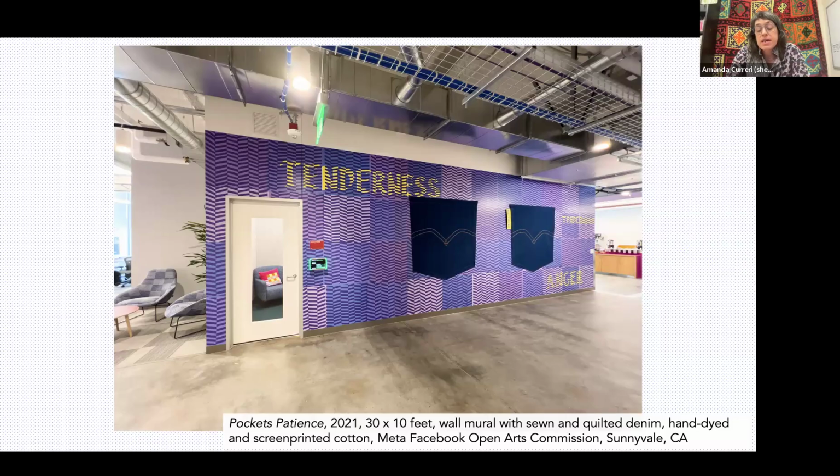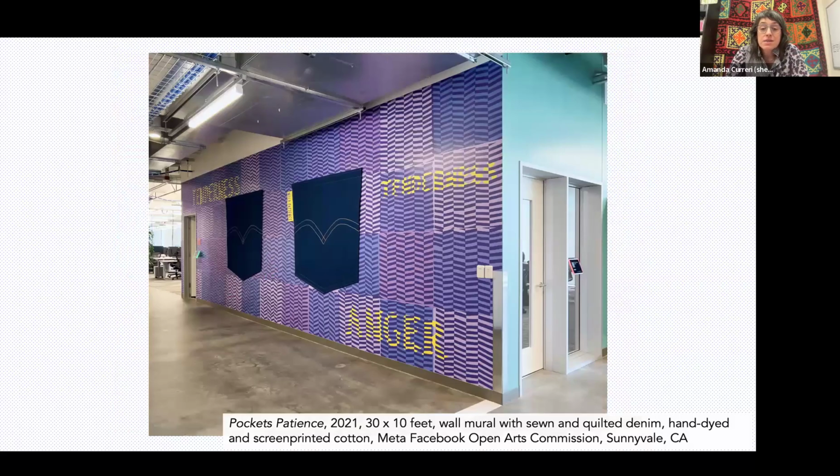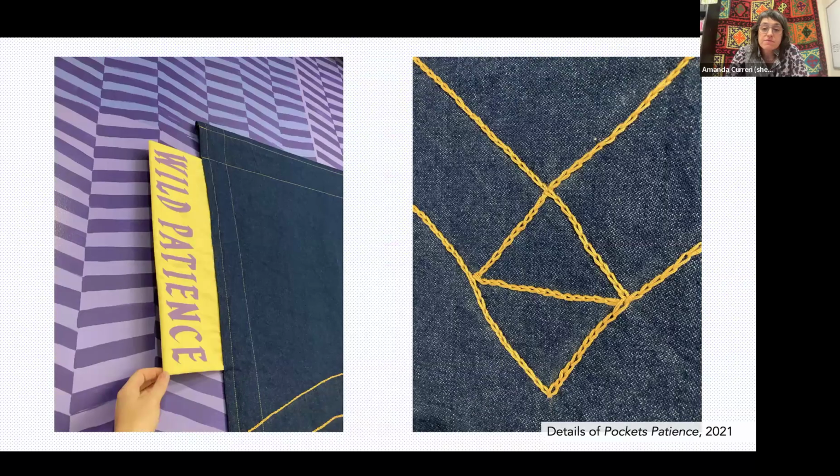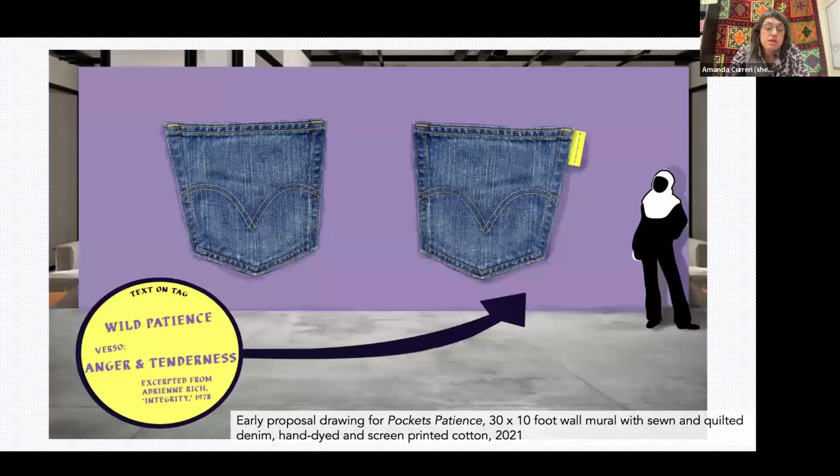So this one's called Pockets Patience, and it's 10 feet tall, 30 feet wide, with a painted wall mural with sewn and quilted denim, hand-dyed, screen-printed cotton. The language says tenderness and anger, and those are just big ass pockets that I made out of jeans, wild patience, hand sewing, sort of a herringbone twill on the wall.